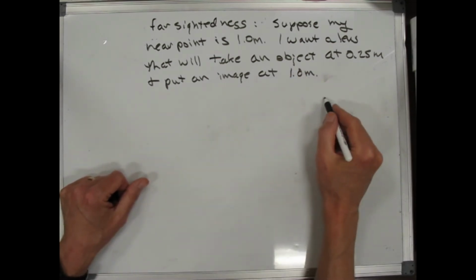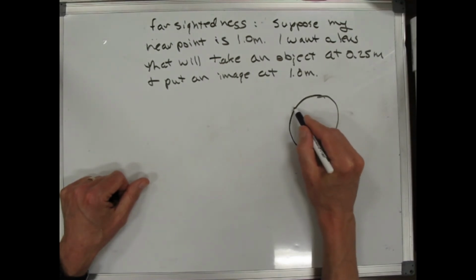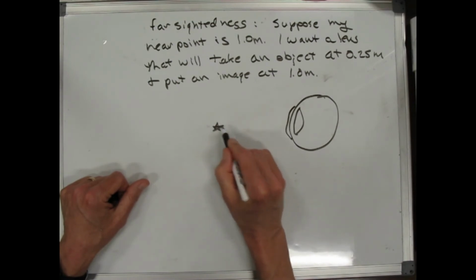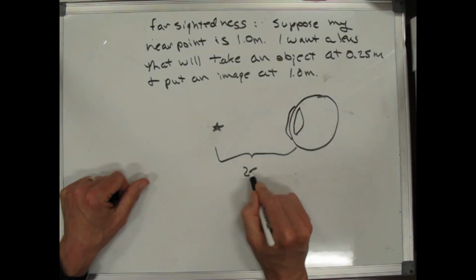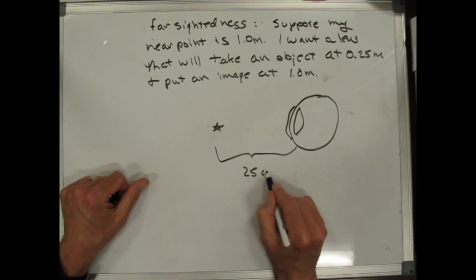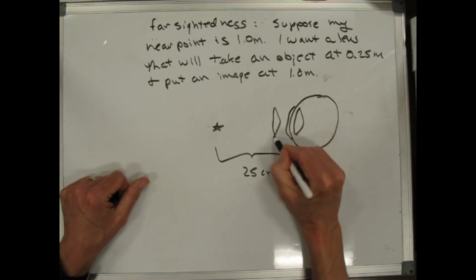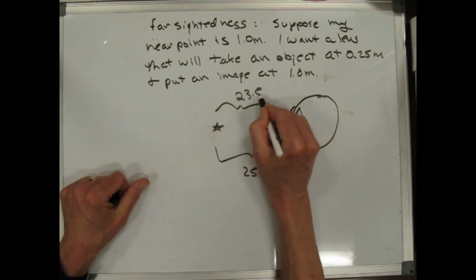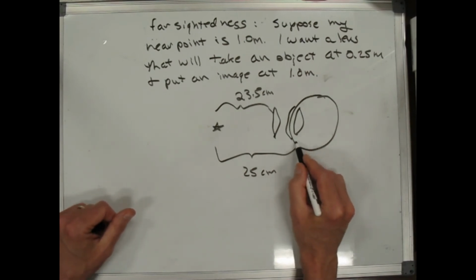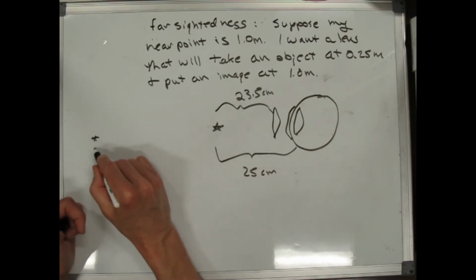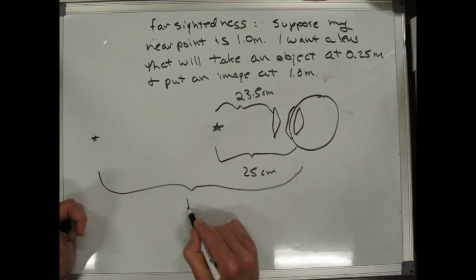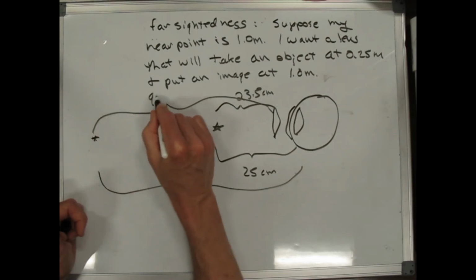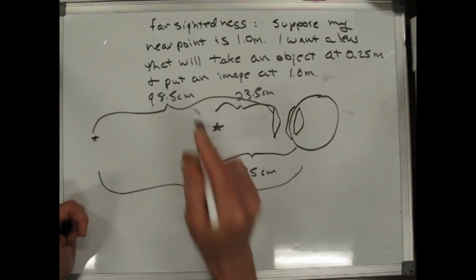And so it's the same picture I had a minute ago, right? Here's my eye, here's the lens. Here I have an object that's 25 centimeters from my eye, so this distance is 23.5 centimeters. And I want to make it produce an image that's back here at 1.0 meters, so this distance is 98.5 centimeters.